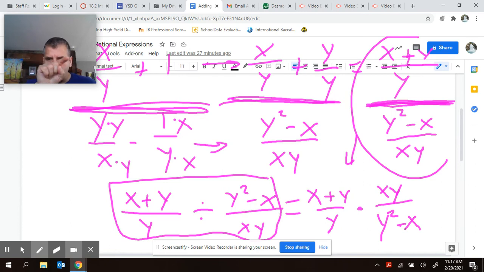You can multiply straight across, but let's simplify if we can. So when you have multiplication, denominators can simplify with numerators, or denominators in one of the fractions can simplify or cancel with the numerator in the other one. That's what we got going on here. We have a y in the denominator of the first one, and it can cancel with the y in the numerator of the second one.